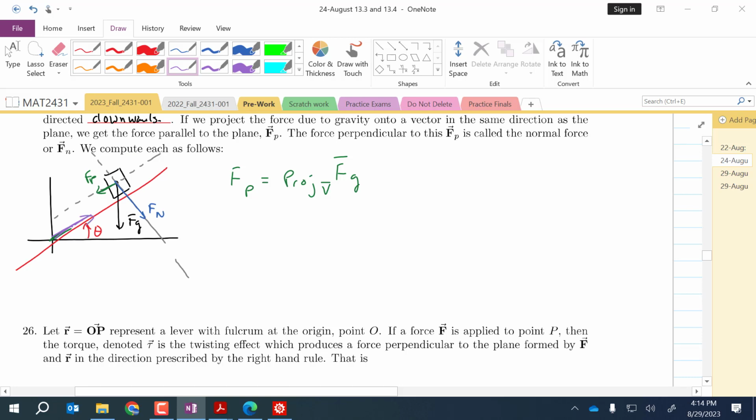So for example, if the slope of this plane was m, I could use the vector 1, m. If the slope of this line was 3, then I would have the vector 1, 3. So this would be the vector v that we use, and that gives us the force parallel. How are we doing, folks?